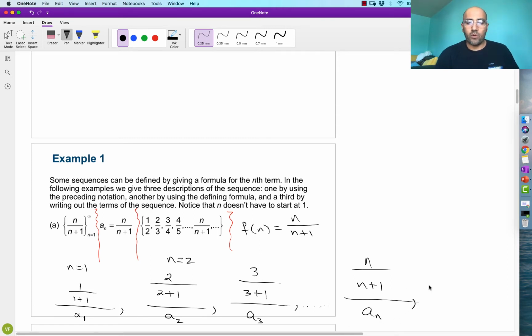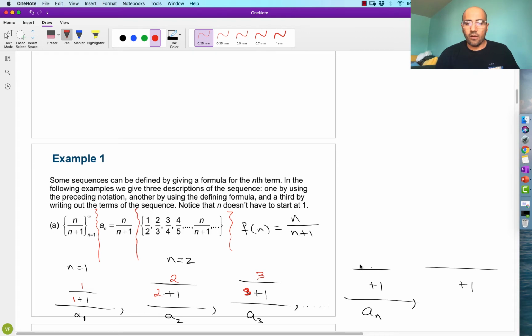And just to be clear, the one right after that would then be n plus 1 over n plus 1 plus 1. Right? Maybe I should have put these in color. Let's put these in color. Okay, so this one was when n equals 1, we had 1 over 1 plus 1. When n equals 2, we have 2 over 2 plus 1. Then when n equals 3, we had 3 over 3 plus 1.